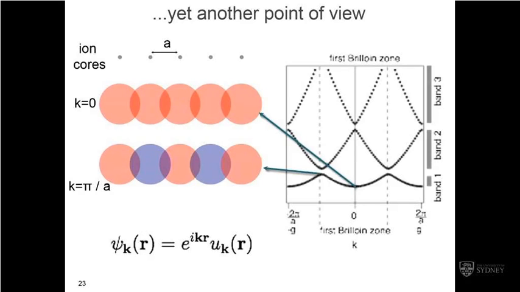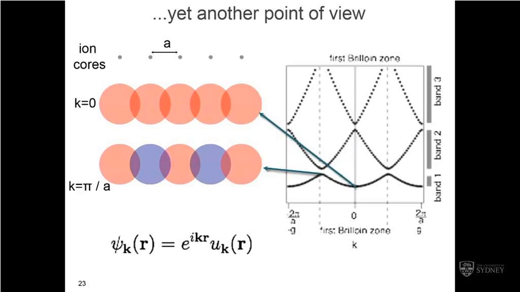Okay, so what you can think of is when you're here at gamma equals 0 in the very lowest band, you can think of this as being like s electron orbitals. When you go up to here, you think of this as bonding s orbitals.